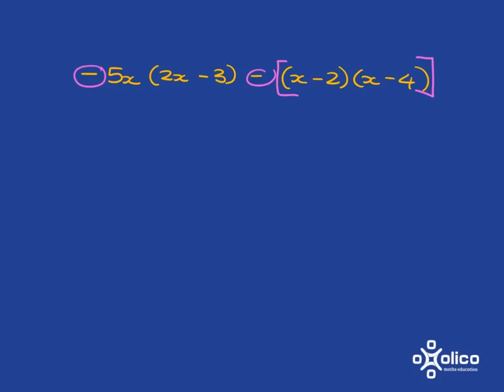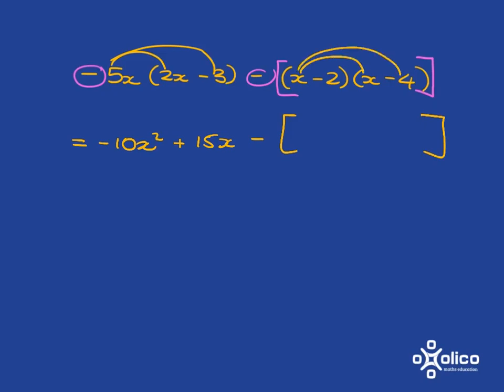All right, so hopefully the first bit was quite easy, right? You just need to multiply in. Minus 5x times 2x is minus 10x squared. Minus 5x times minus 3 gives me plus 15x. Now, taking my own advice, I am going to just deal with everything in those brackets first. So x plus 2 times x minus 4.